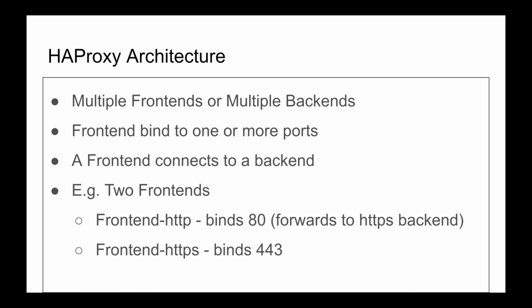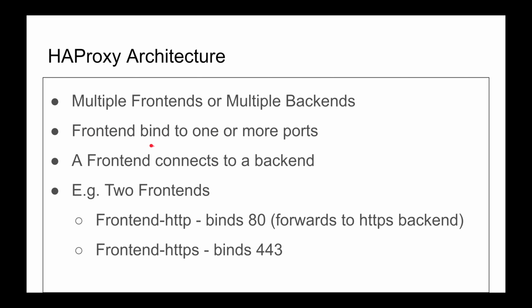Then HAProxy forwards all the requests from the HTTP unencrypted front end to the secure encrypted backend, which turns around and connects to the HTTPS HAProxy front end, because it loops on itself, and then you can just resume the connection and encrypt it.